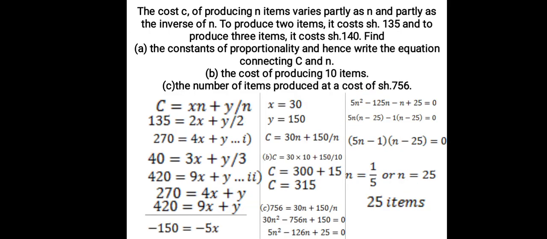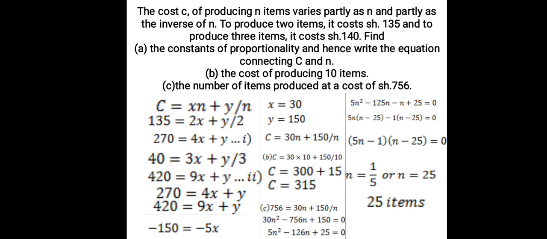The cost C of producing n items varies partially as n and partially as the inverse of n. To produce 2 items, it costs 135 shillings, and to produce 3 items, it costs 140 shillings. Find A. The constants of proportionality, and hence write the equation connecting C and n.